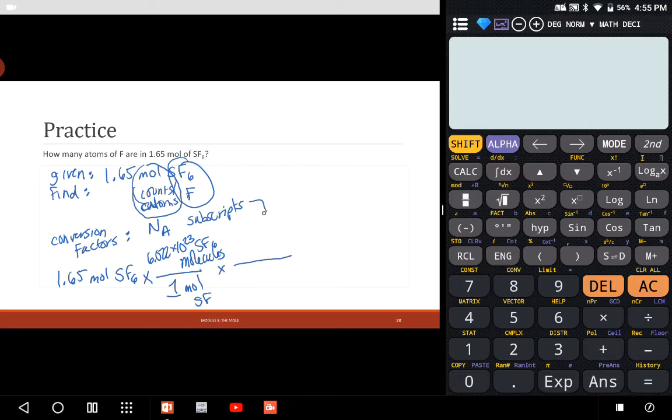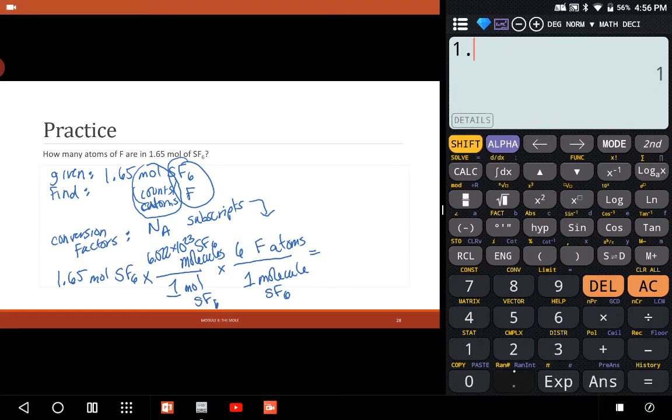Then my subscripts, I can cancel out for every 1 molecule of SF6, there are 6 F atoms. And so my molecules of SF6 cancel out, my moles of SF6 cancel out, and then I'll be left with fluorine atoms. So I can type that all into my calculator.